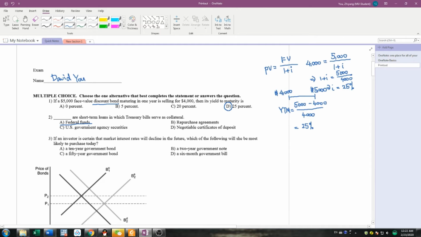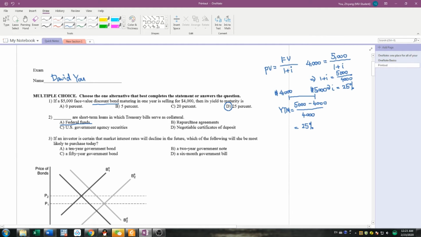But we're going to talk about federal funds a lot in the second midterm and then the final. But in a simple way to explain this, this is just an interbank loan. Okay, so it's like one commercial bank is lending money to another commercial bank. And there's no collateral. So this won't be the right answer.